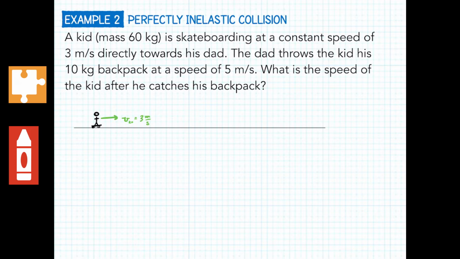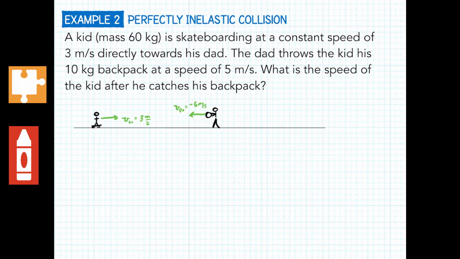He's going directly towards his dad, so we'll put dad over here. Dad's got a backpack. The backpack, when it's thrown, we'll call VB for backpack, so this is -5 meters per second because it's going in the opposite direction, okay?